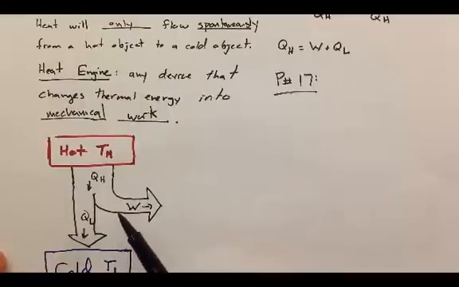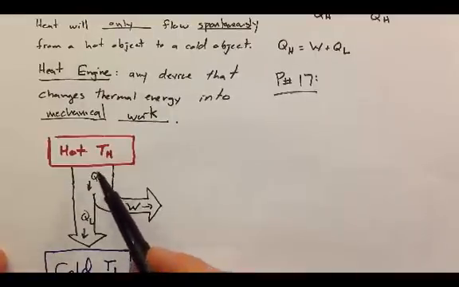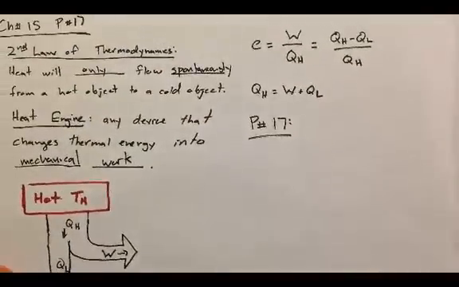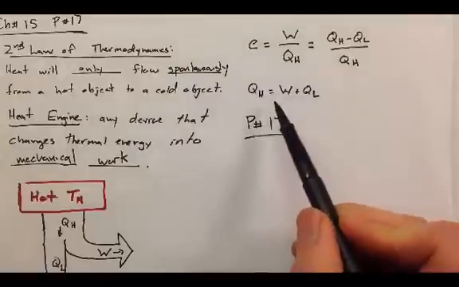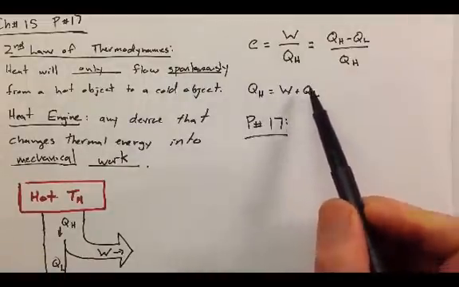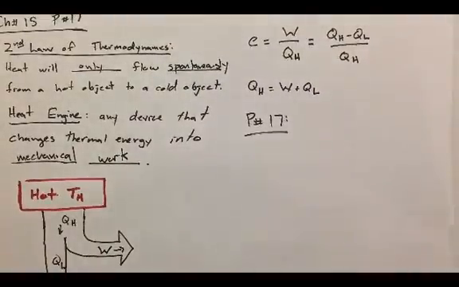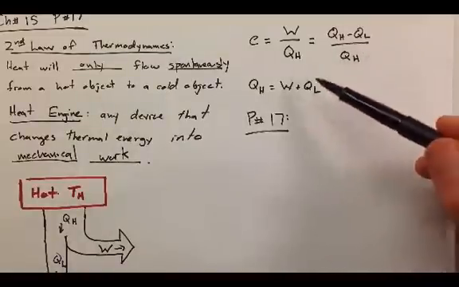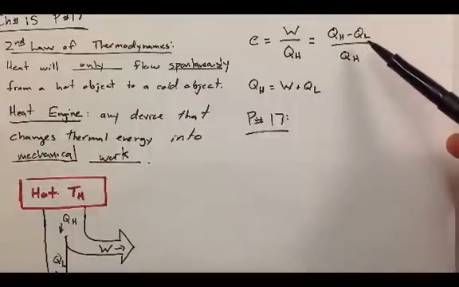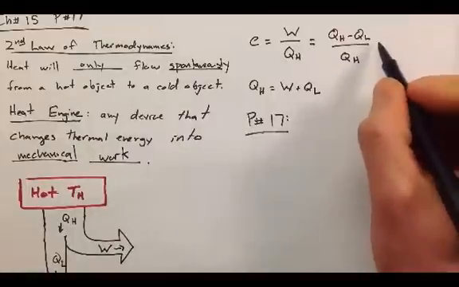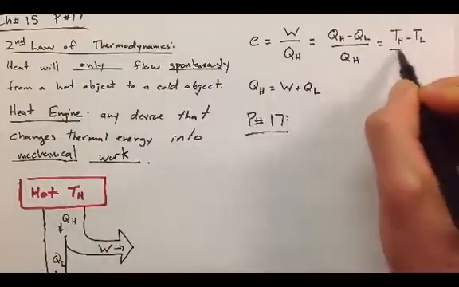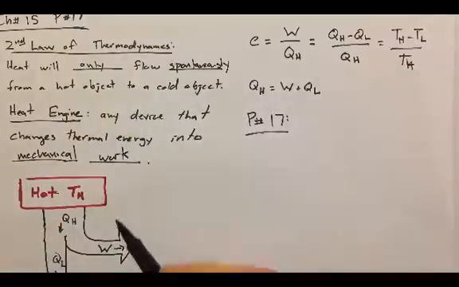So since Q sub H is equal to W plus Q sub L, we could also rearrange this into many permutations using these two equations. Sometimes you'll see this written as just T sub H minus T sub L over T sub H, where instead of talking about the heat flow, you're talking about the temperatures. Well, guess what? The temperatures are proportional to the amount of heat flowing, so those are really equivalent equations.